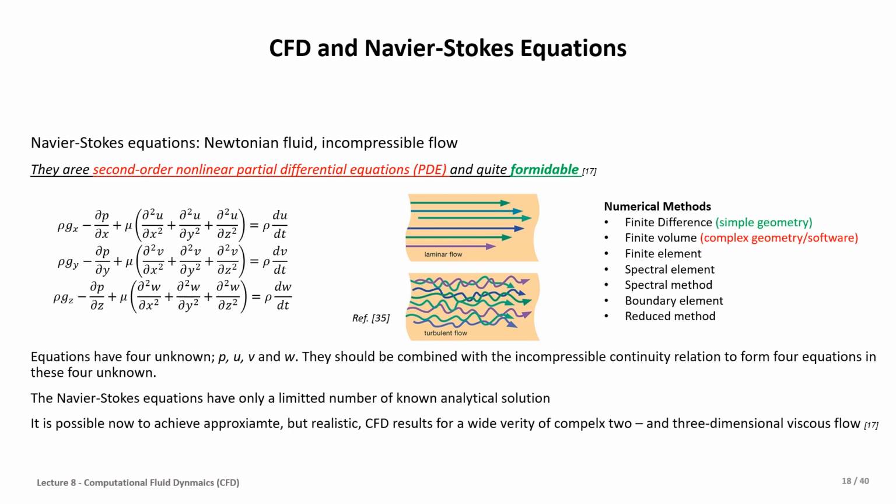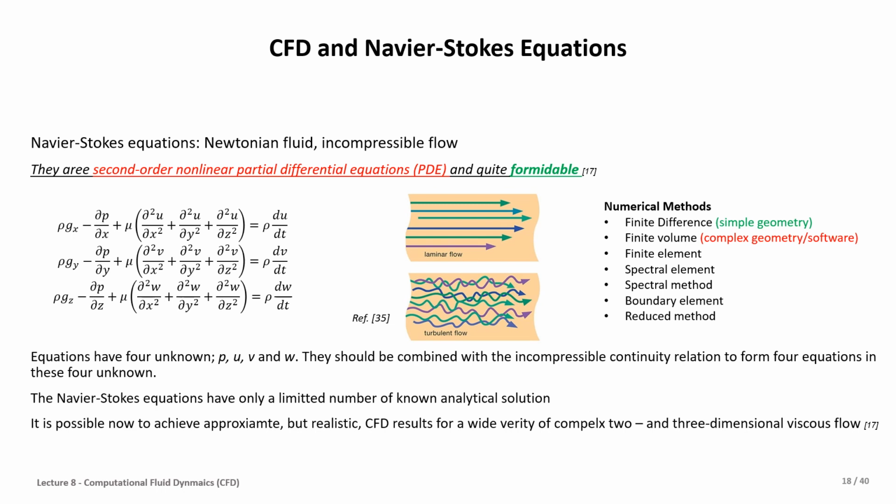It is possible to achieve not just approximate but realistic CFD results for a wide variety of complex 2- and 3-dimensional viscous flows. About the numerical methods and schemes used in CFD, finite difference is for simple geometry. We have finite volume, which is used for complex geometry, and most of the software uses finite volume.